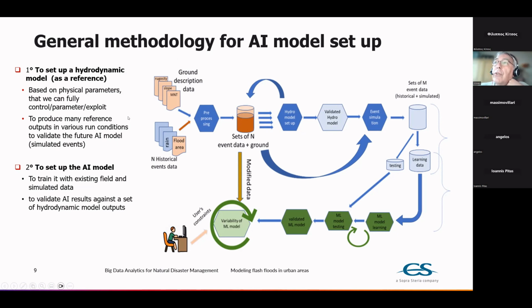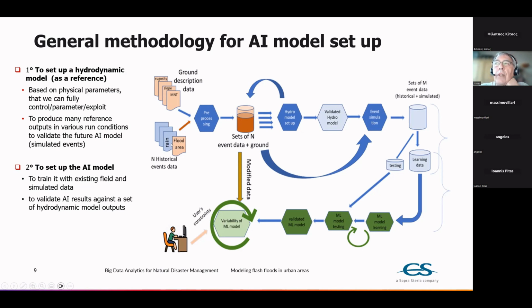On the figure you see on the left, we have all the data, what we call ground description data. It's mainly the DEM, the digital elevation model. We see what type of data we use: the slope, rugosity, all the buildings, streets, and so on. And then historical data about the different events, mainly precipitation.